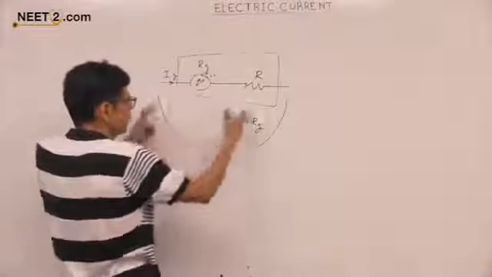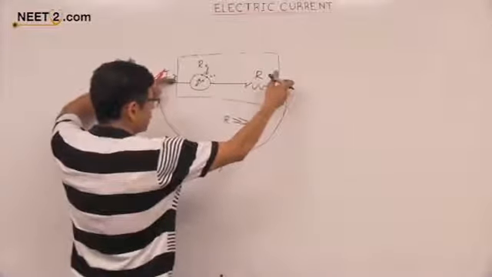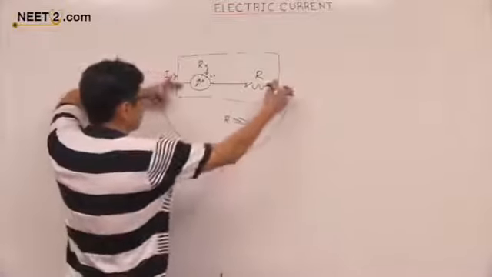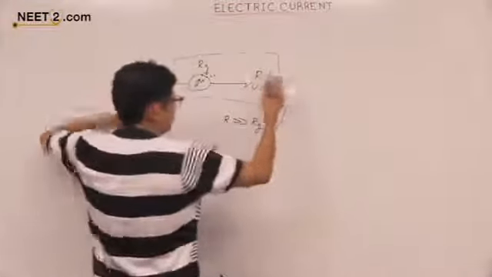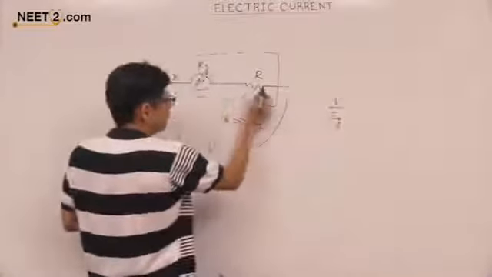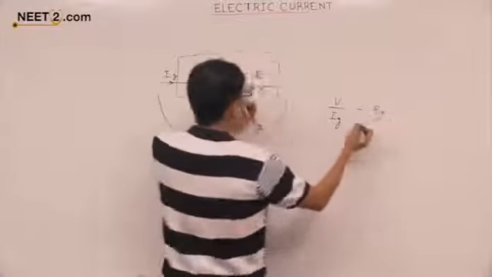At that time, the net resistance across these 2 points is whatever is the potential V, that's the definition, potential V divided by Ig. So the resistance between these 2 points would be V by Ig, and from that you subtract Rg, and you get this resistance.